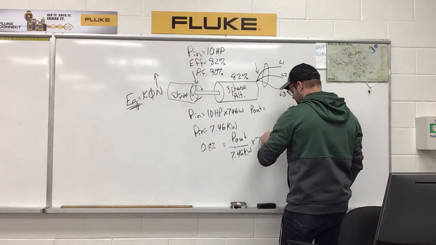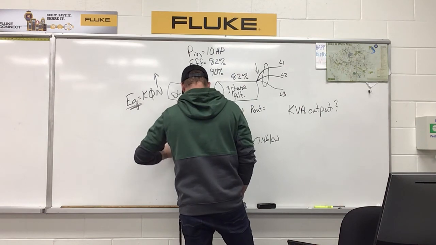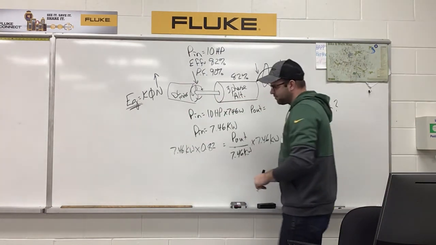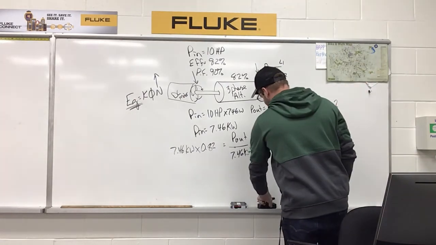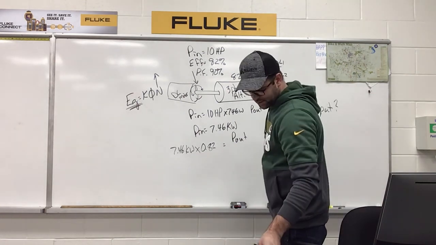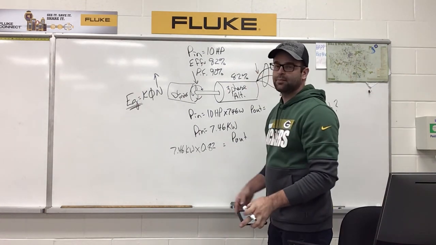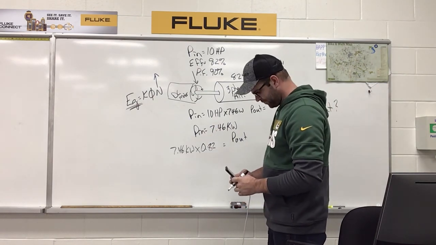So 7.46 kilowatts times 0.82. And this will give me what my power output is. And some people can even see without putting into the formula that, to get the value smaller, I need to multiply it.